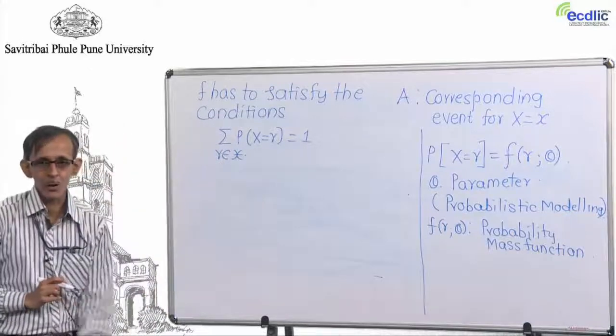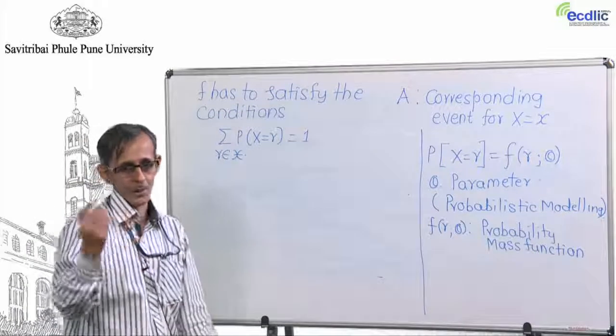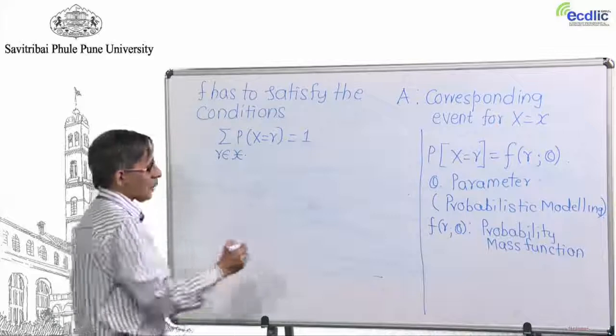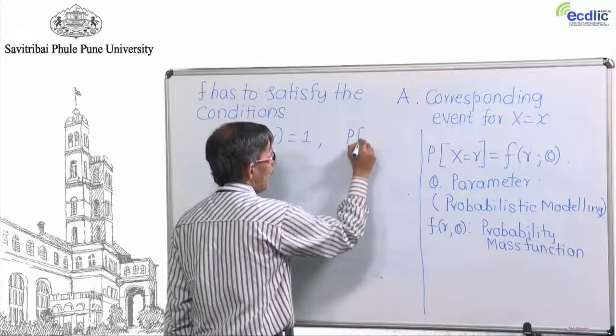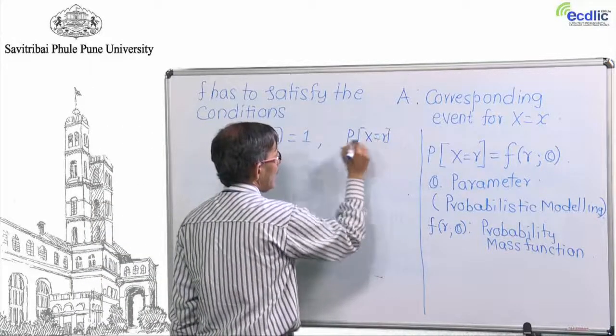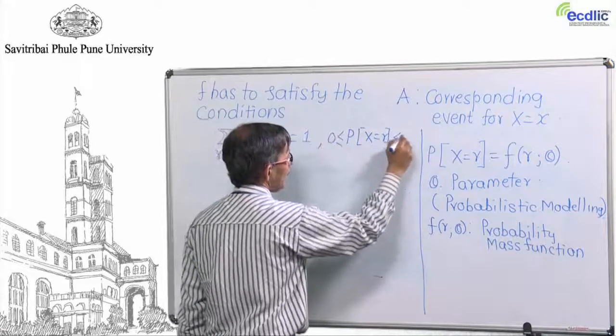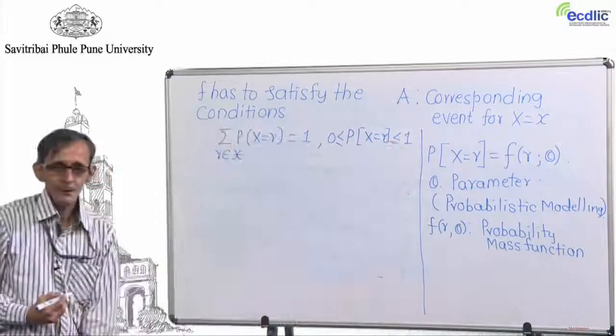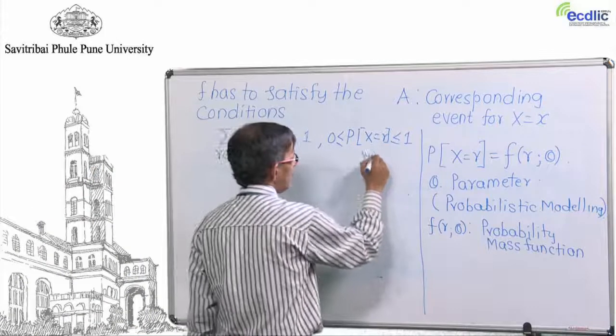If I sum this for all values in the support or range, it should add up to 1, and the probability of x equal to r should be between 0 and 1 for every r.